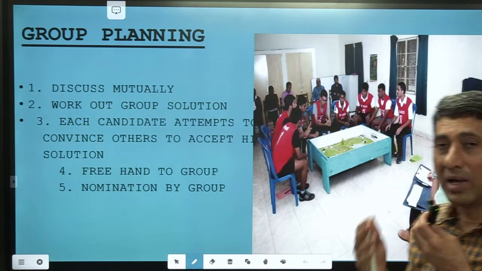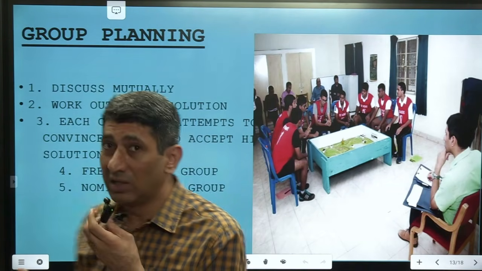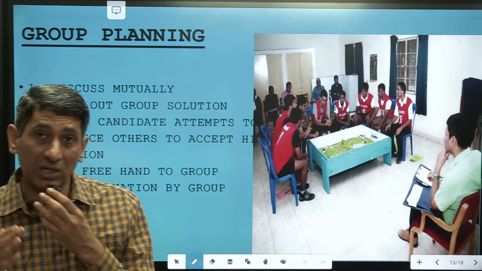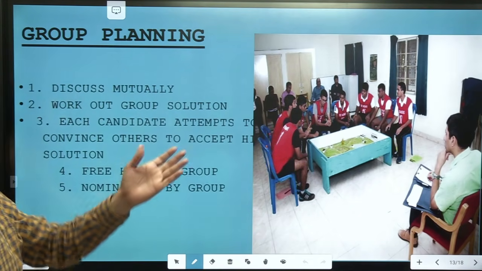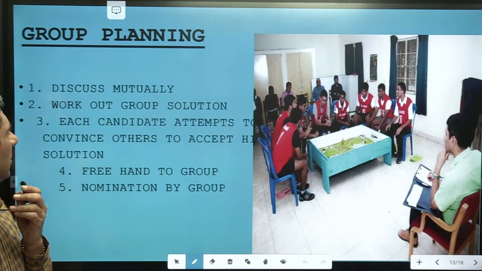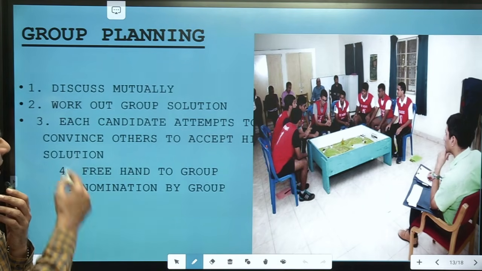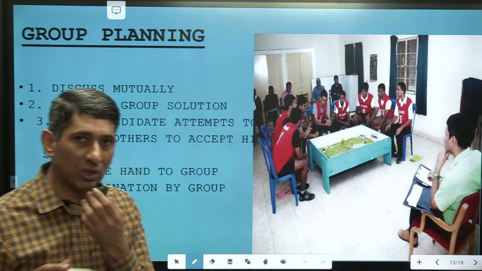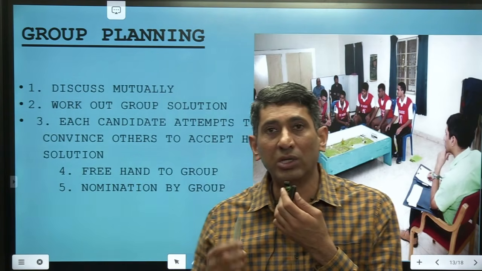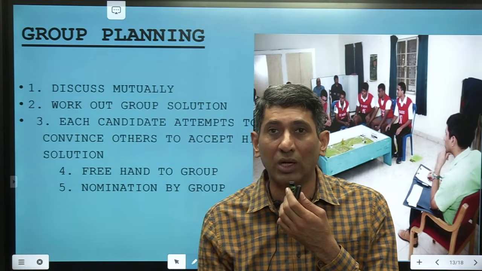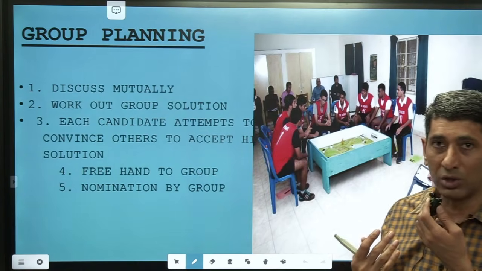Now, as far as the planning is concerned, you are required to discuss mutually among yourselves to arrive at an agreed group solution. While working out the group solution, what is your contribution? How are you dealing with others' points of view, and how are you able to express your own?